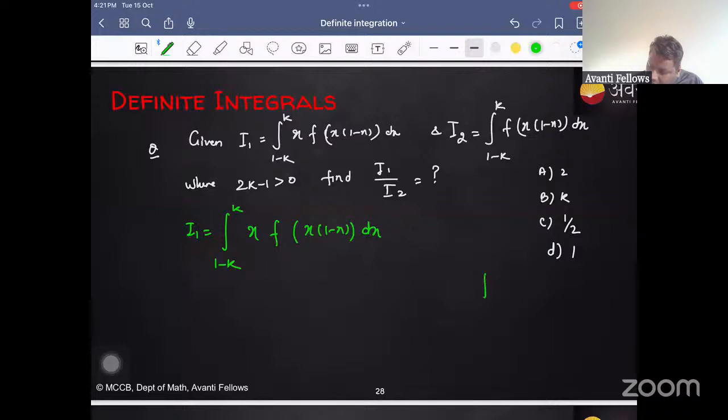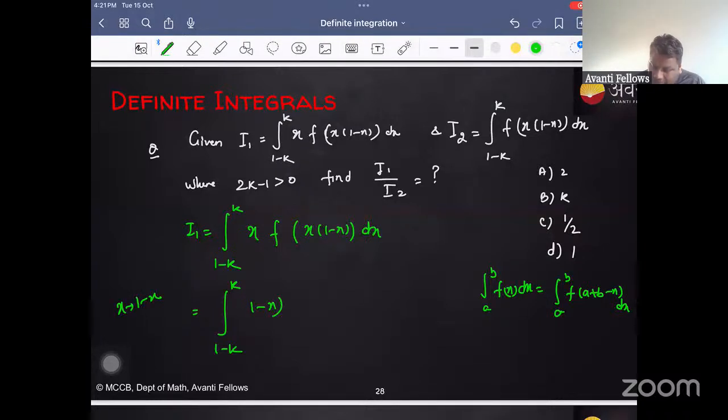So I'm going to use the property: integral a to b of f(x) dx is also integral a to b of f(a plus b minus x) dx. So for 1 minus k to k, instead of x, I will replace 1 minus x.